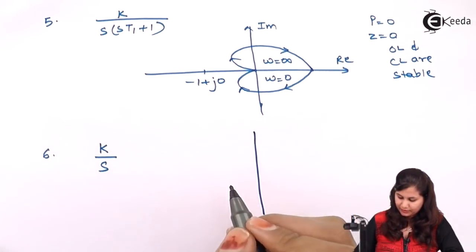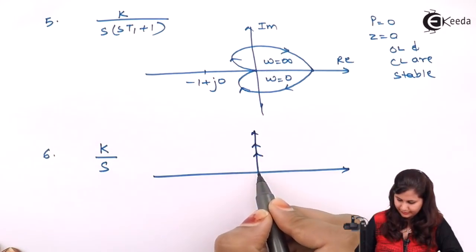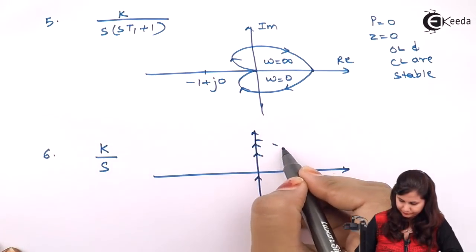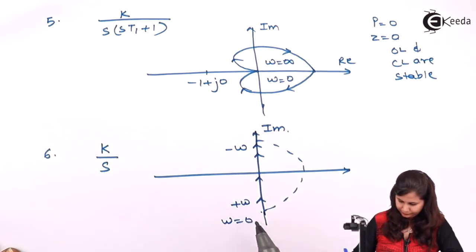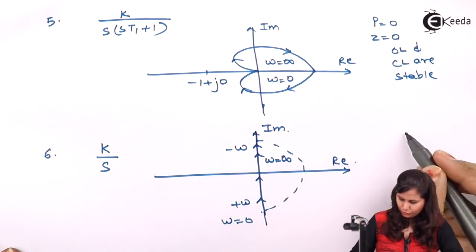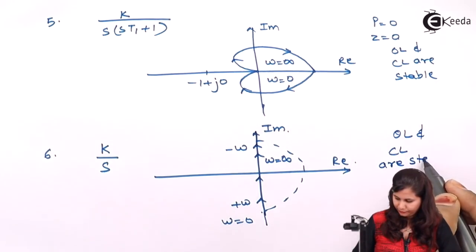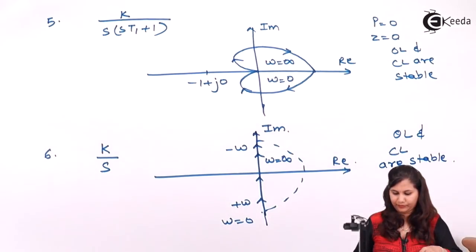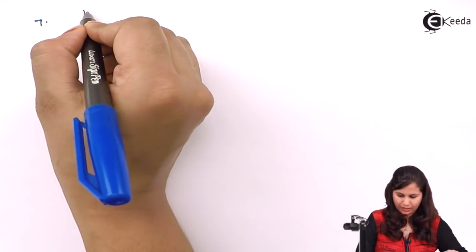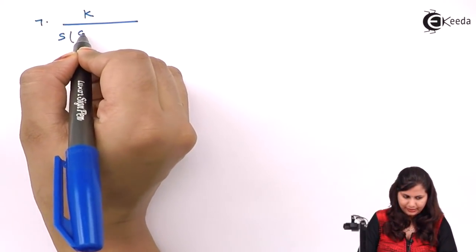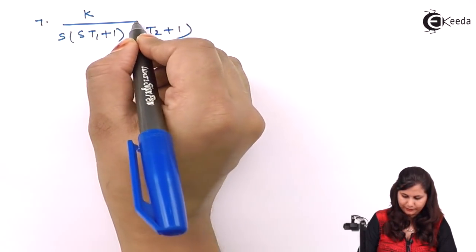Sixth, we have K by s, that is only one pole which is at the origin. Such a system will have the Nyquist plot along the imaginary axis. So both open loop and closed loop are stable for such a system. Next we have K upon s(sT1 + 1)(sT2 + 1).